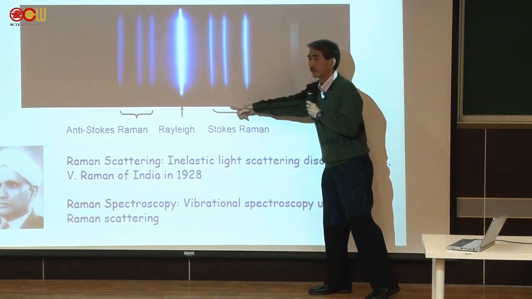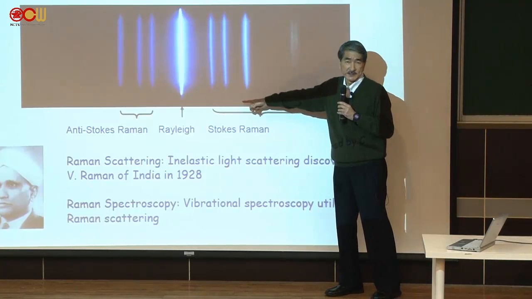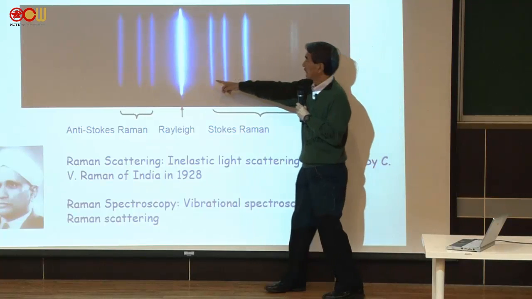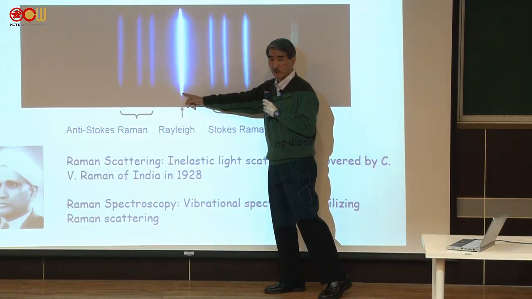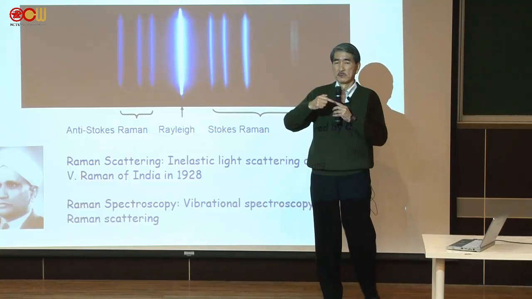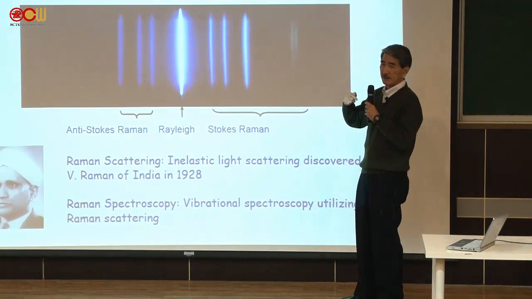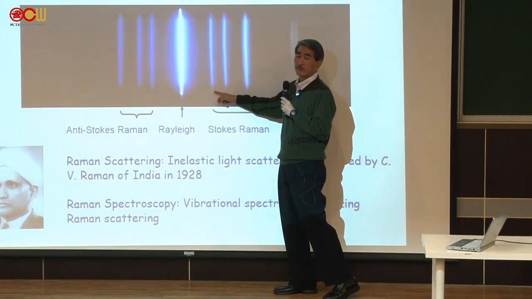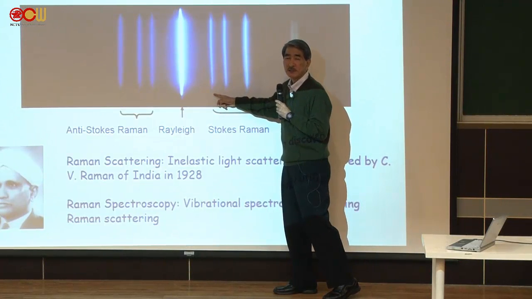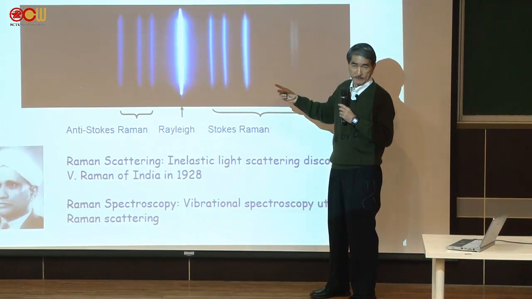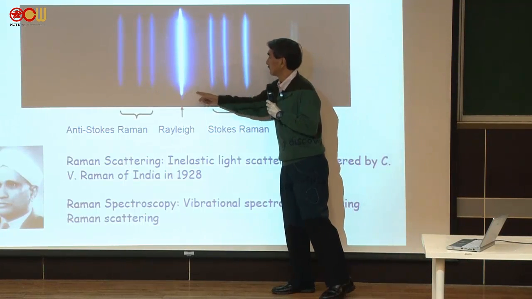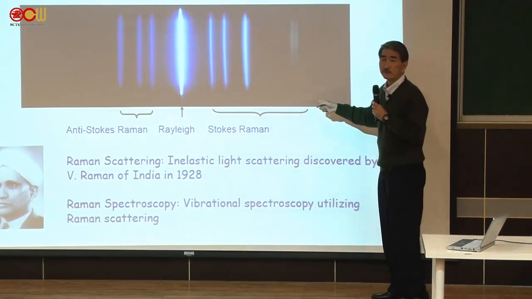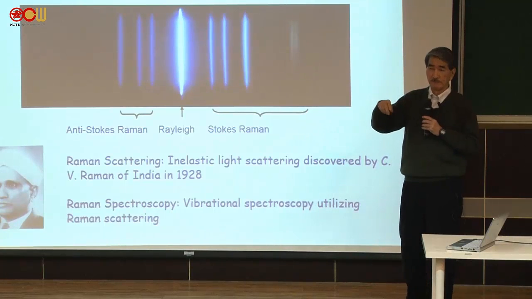And longer wavelength means lower energy, okay? Lower frequency and lower energy. So that means the photon coming into the sample collides with the molecule and loses some energy and is converted to a photon with lower frequency or lower energy or longer wavelength, okay? Then the difference of energy between the original energy and the scattered photon energy is given to the molecule.